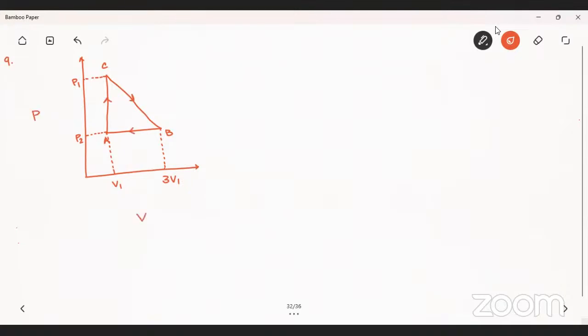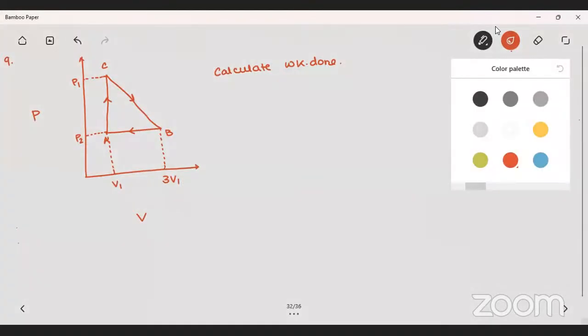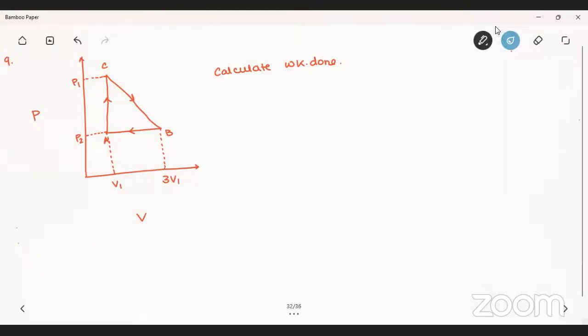This is a PV graph. Calculate work done. I told you for a cyclic process, what formula do we use? Plus minus area of the PV curve. Plus is for anti-clockwise and negative is for clockwise.